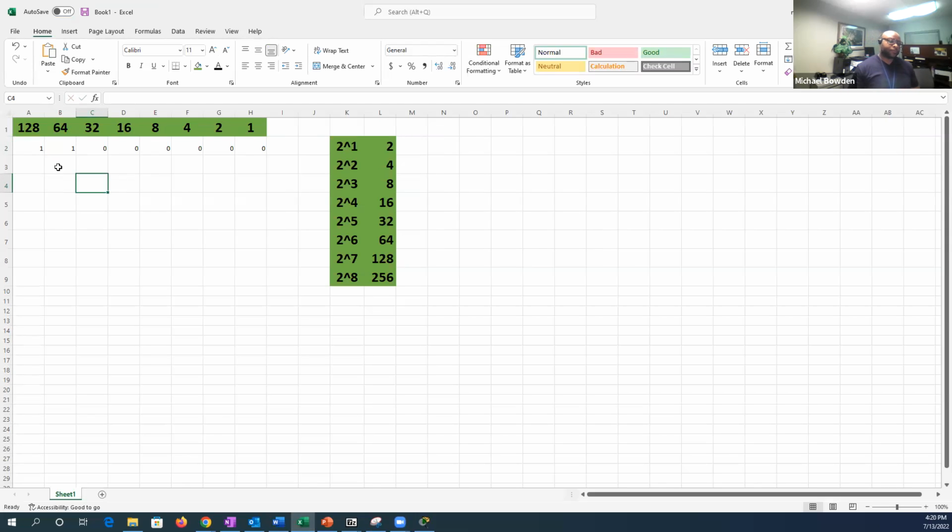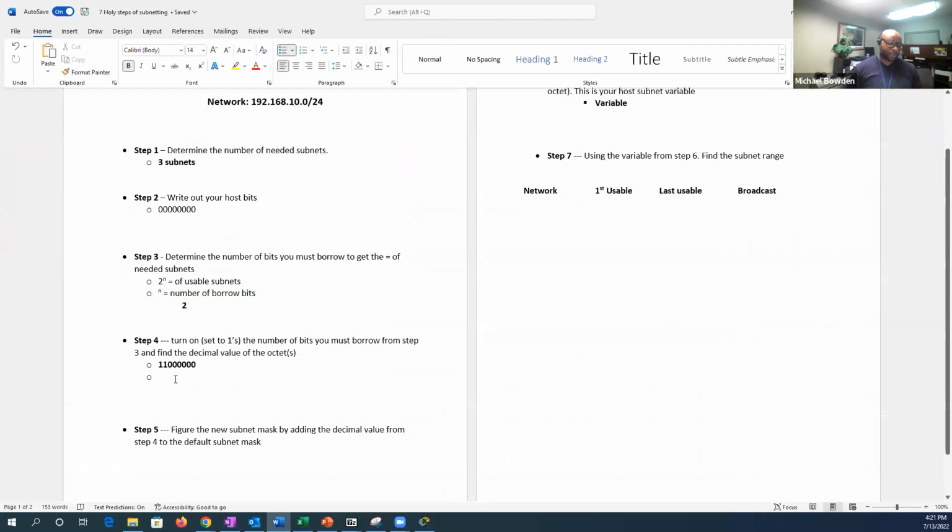So you have this, and we just borrowed 2 bits. We're going to add 128 plus 64, which is going to give us 192. So now this decimal value is 192.